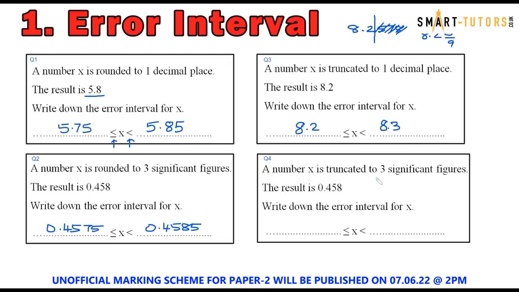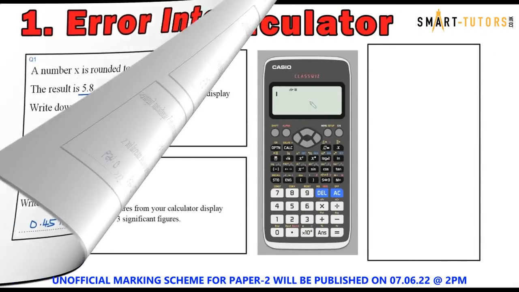A number is truncated to 3 significant figures, 0.458. So copy the 0.458 as it is, and the next one is going to be 0.459, anything less than 0.459. That's all about the error interval.